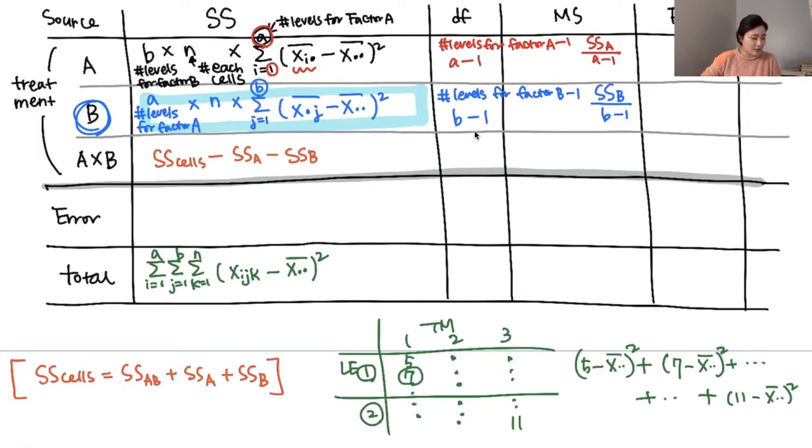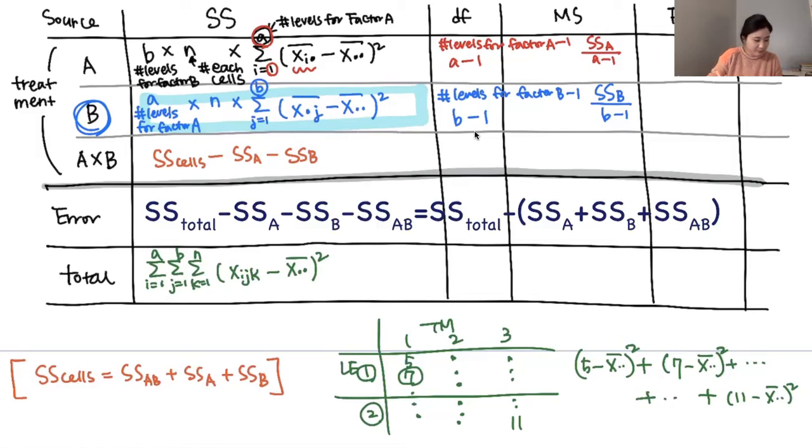Once we have SS total, we can calculate the sum of square error. So we can write sum of square error as sum of square total minus sum of square A minus sum of square B minus sum of square interaction effect. We can rewrite it as sum of square total minus the sum of square A plus the sum of square B plus the sum of square AB.